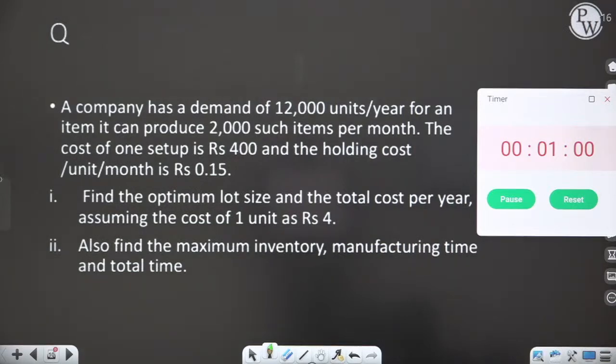Economic order quantity, somebody says that it is. Roshan Kumar says that, sir, it is 5656. Economic order quantity. No, my dear, it's not economic order quantity. Wrong.